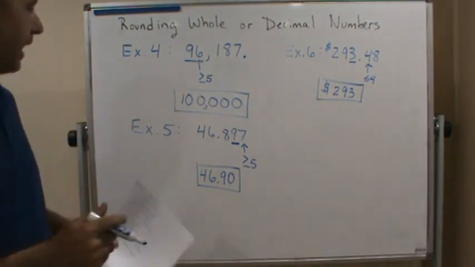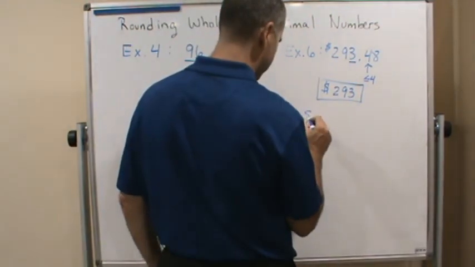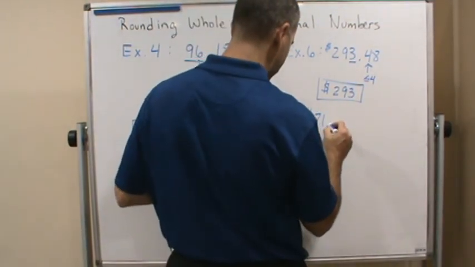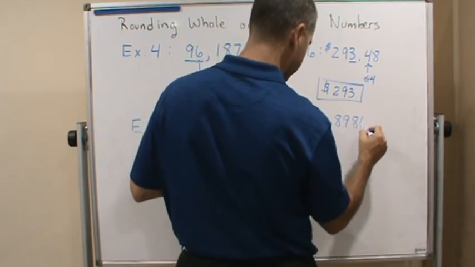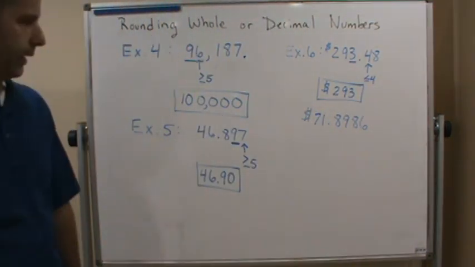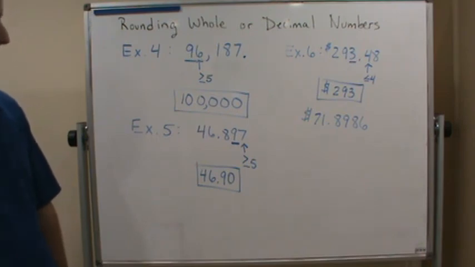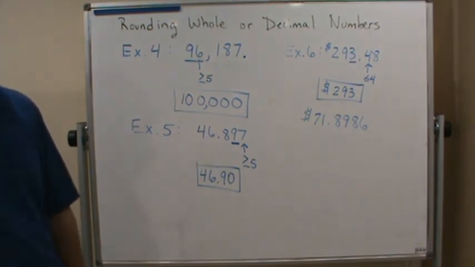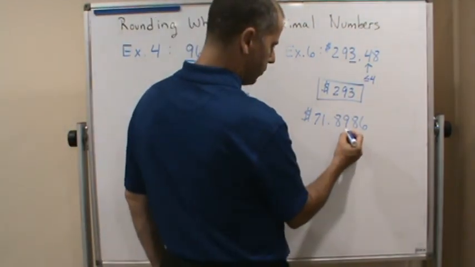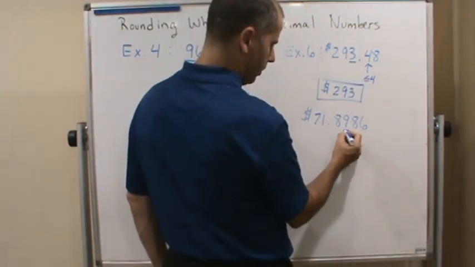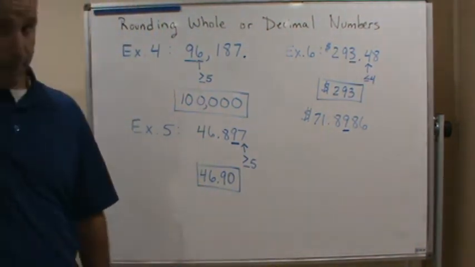Now what if I have this number, 71.8986, and I want to round this to the nearest penny or the nearest cent? Well, that means I want to round to that place value.